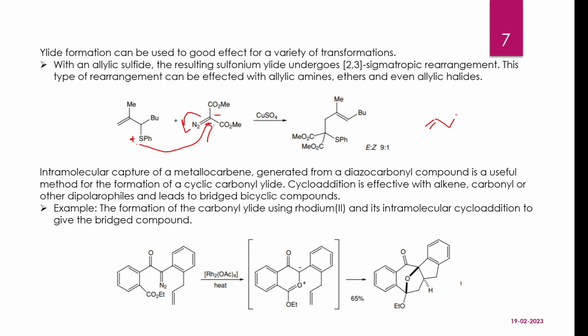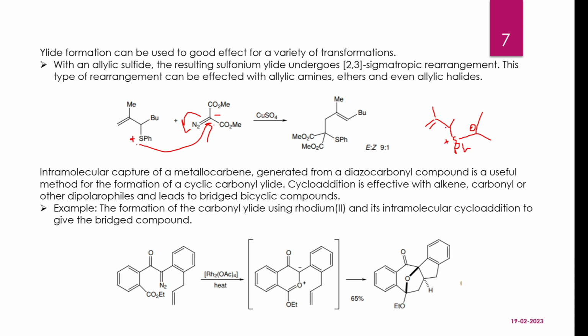I'm trying to draw as much as I can. So just consider this as a group. There will be a plus, a negative charge, and then it will go through a 2,3 sigmatropic reaction.